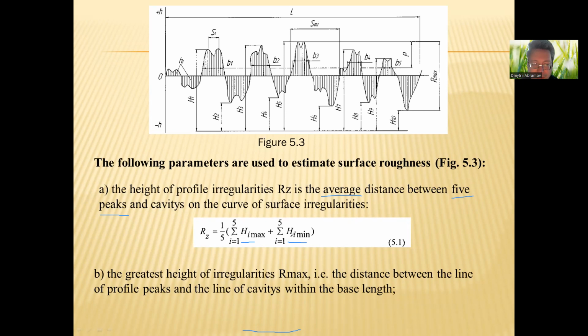It's 5 cavities, and the average is 1 divided by 5. Write down to your notes formula 5.1. Equation to determine the height of profile irregularities, R suffix Z.